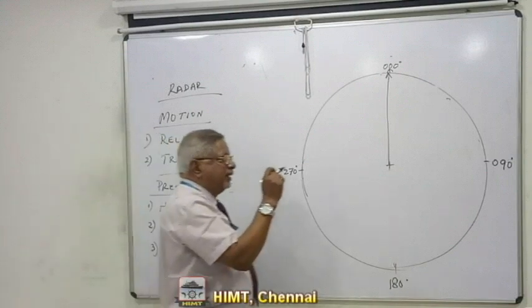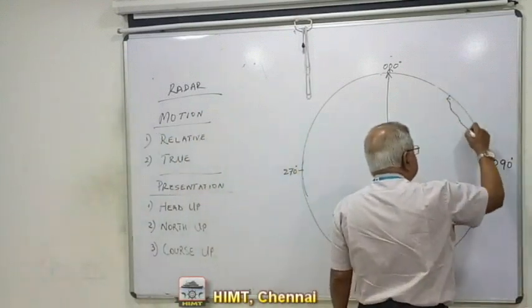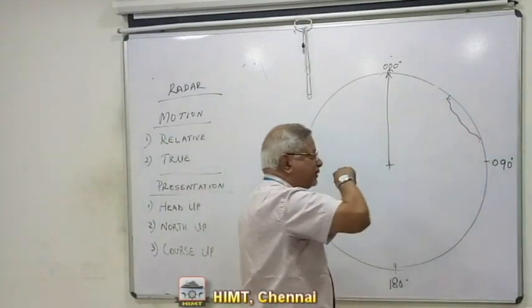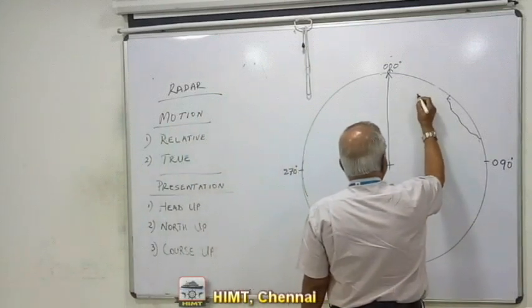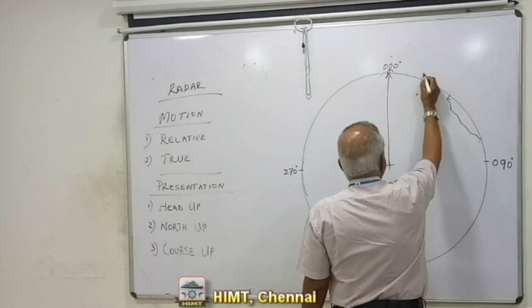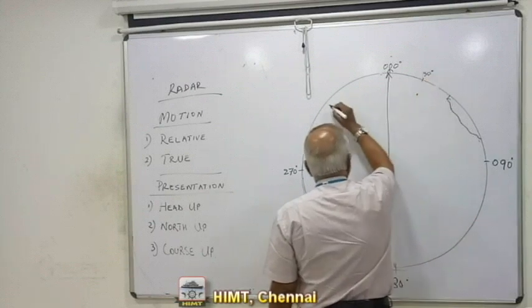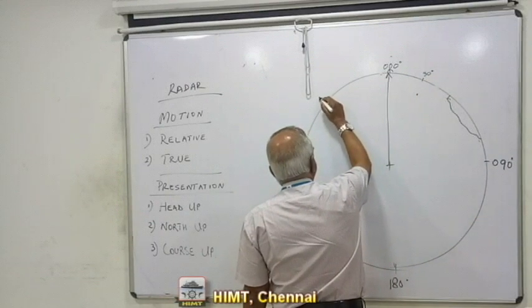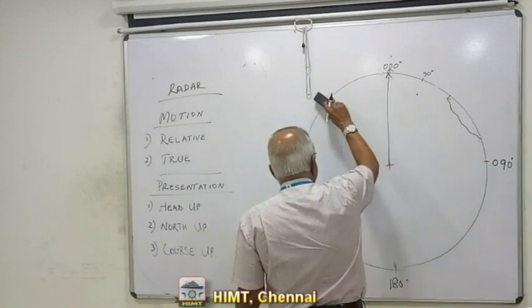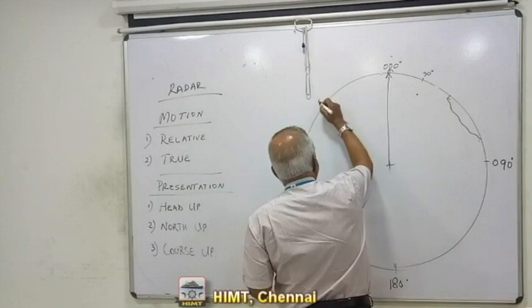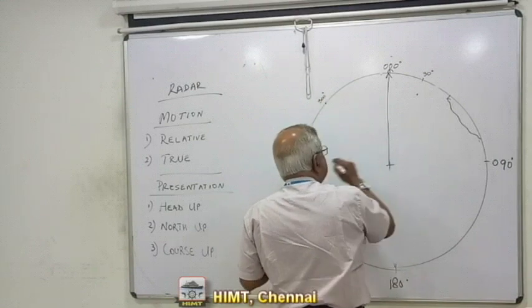Now, let us say there is a landmass over there, and there is a ship 30 degrees on my bow, another ship 60 degrees on the port bow, which is say 300 degrees.